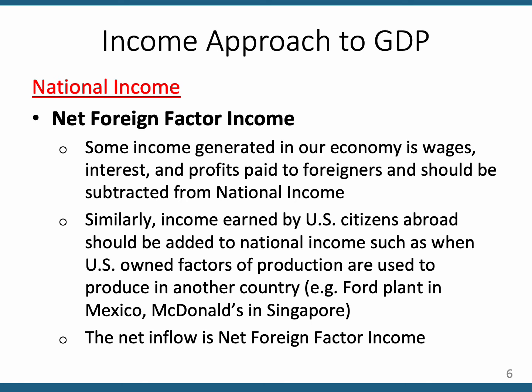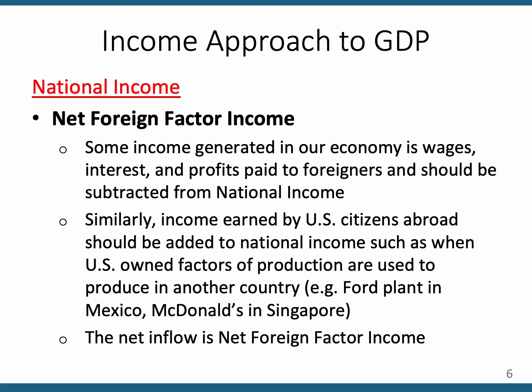So you want to add in any income earned by U.S. citizens outside of our economy. You want to add that to get national income, and you want to subtract any income earned within our economy by foreigners, because that income is leaving our economy because they still live somewhere else and are citizens of some other country. It also works this way for factors of production, like capital.